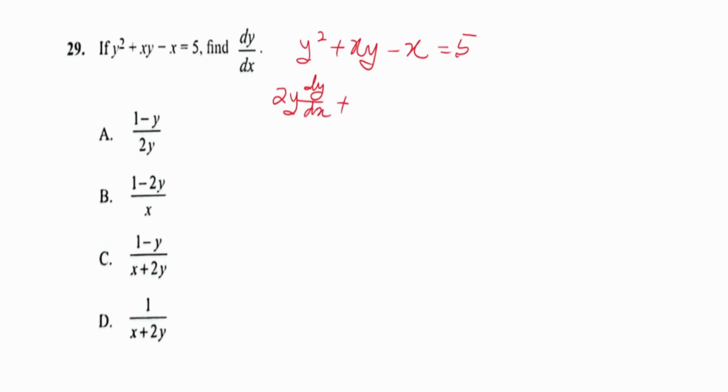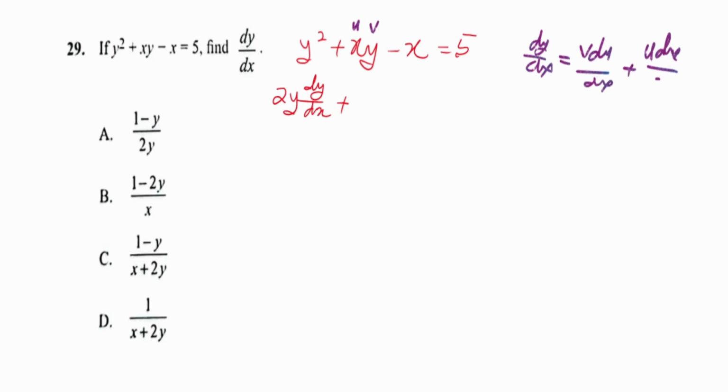Then plus, remember what we have here is a product, which is x multiplying y. So to differentiate this, we have to use the product rule, which says that if this is the first function u and this is another function v, then to differentiate both of them, dy/dx will be equal to v du. Some will still write dx, but I like v du, which simply means you keep v and differentiate u, plus u dv.